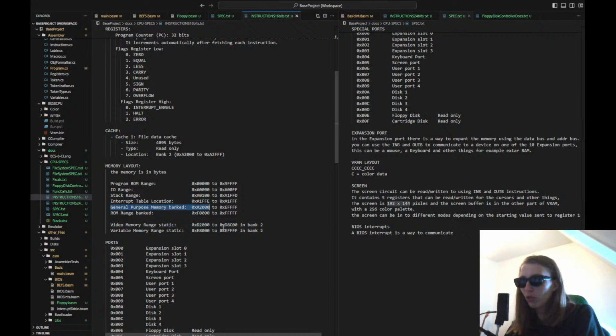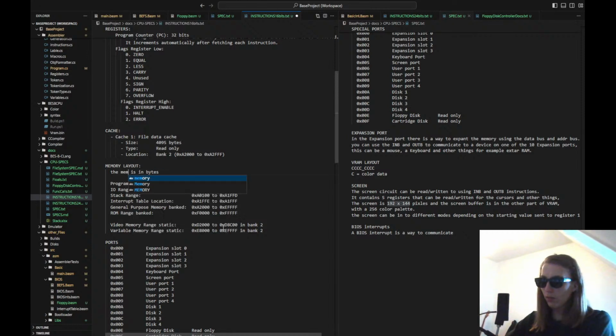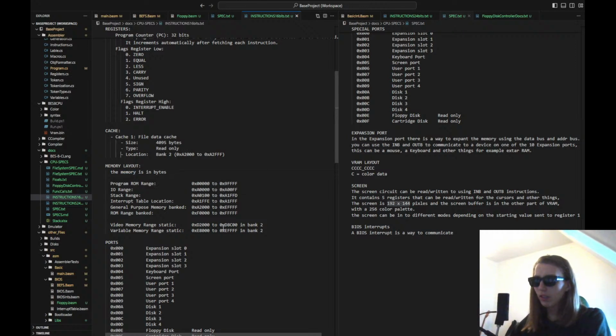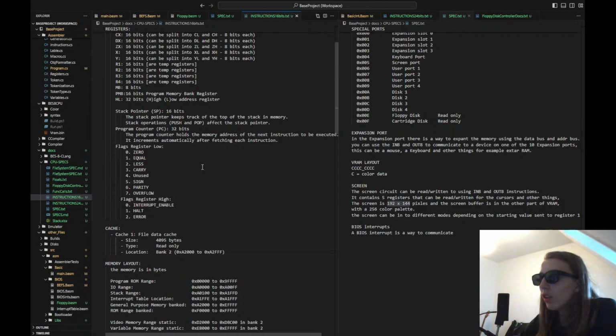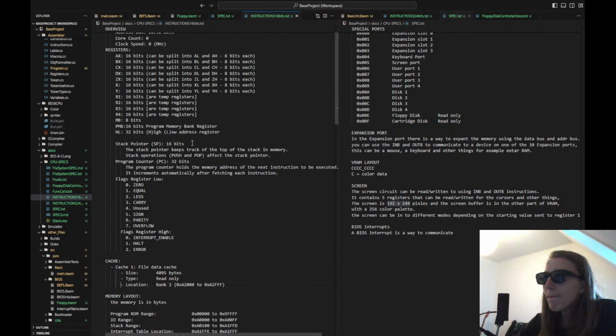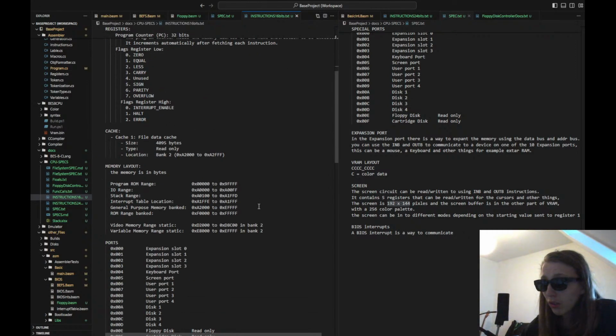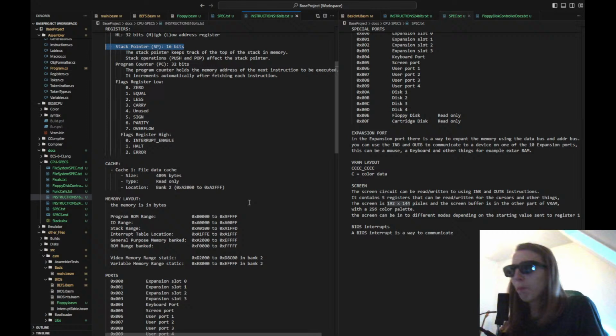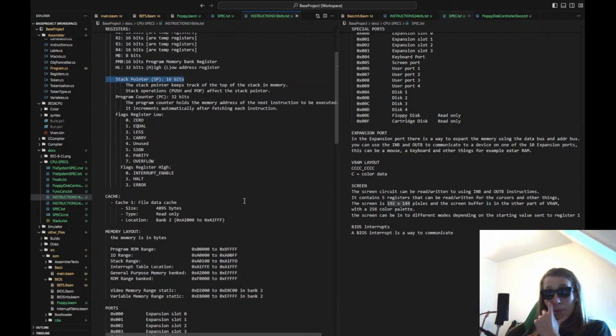And yes, this is an old school trick. Don't worry, I know that. The memory... Did I even write memory correctly? Yeah, I did. Okay, cool. Oh shit, it gets dark over there. So stack pointer. Yeah, we only need a stack pointer with 16 bits.